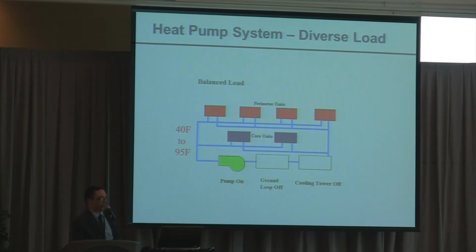This is a conceptual diagram of an individual building with a water source heat pump loop with a diverse load. Say, for example, on a typical spring or fall day, you may have the south side of a building requiring air conditioning, while simultaneously the north side of the building requires heating. In most buildings today, that requires the simultaneous operation of two separate systems, the heating system and the cooling system.